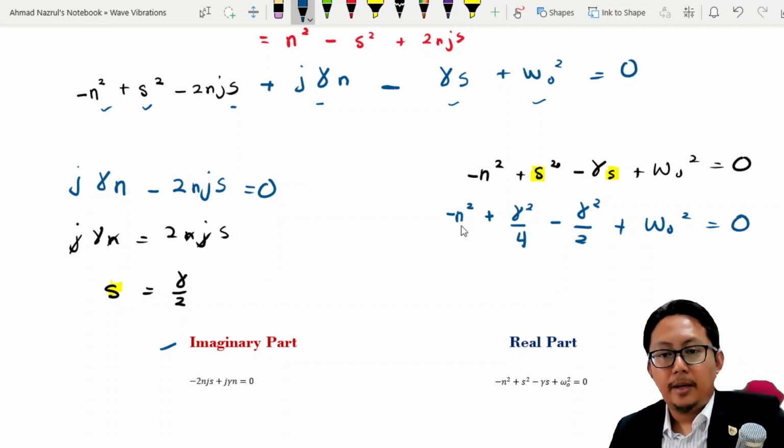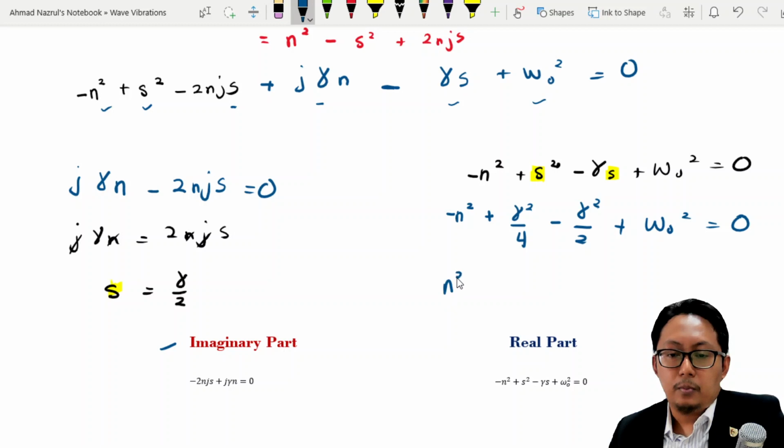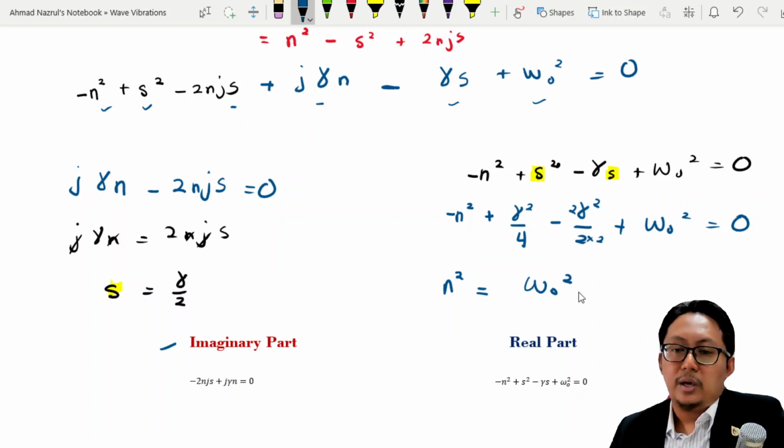So we can bring n to one side so we have n square positive. We have omega naught square, and for this we can multiply by 2 and also multiply by 2, we have 2 gamma square over 4. 1 minus 2, you get minus gamma square over 4.